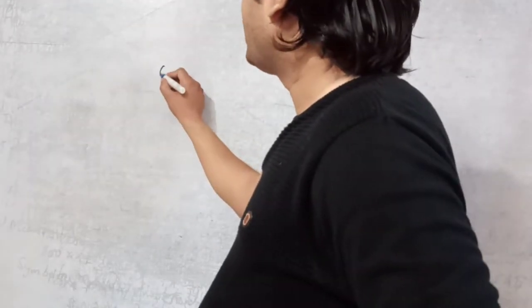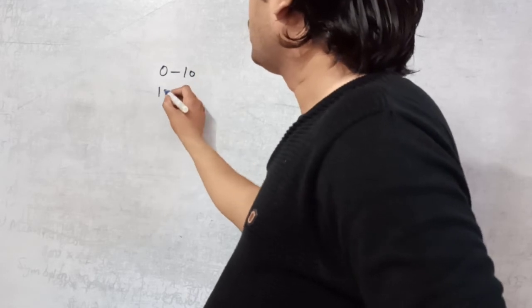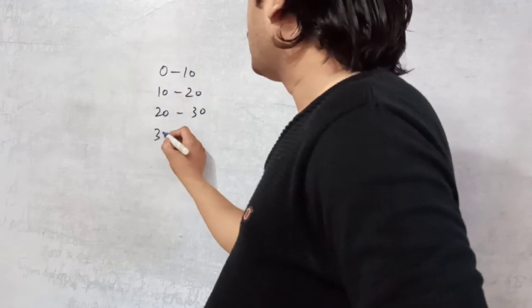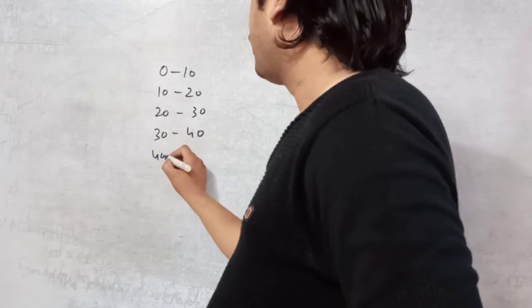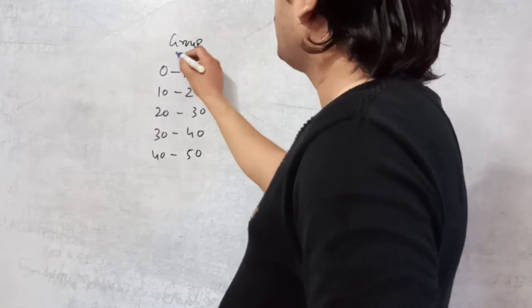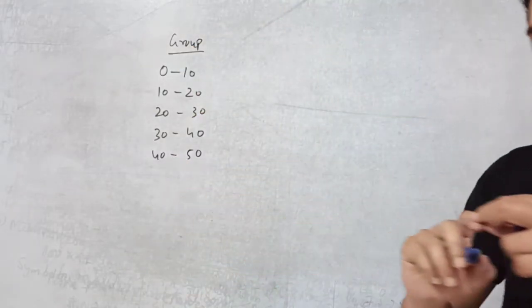So suppose we have made the groups 0 to 10, 10 to 20, 20 to 30, 30 to 40 and 40 to 50. Suppose 48 students are there, and we have distributed the paper.